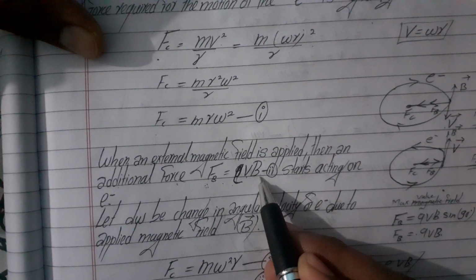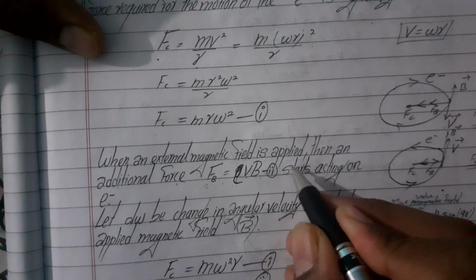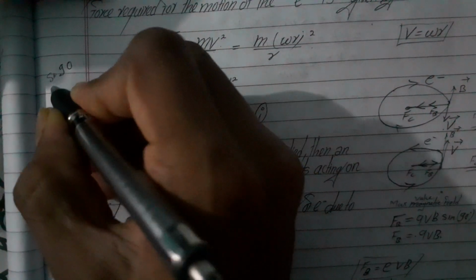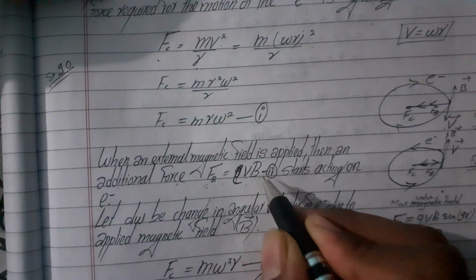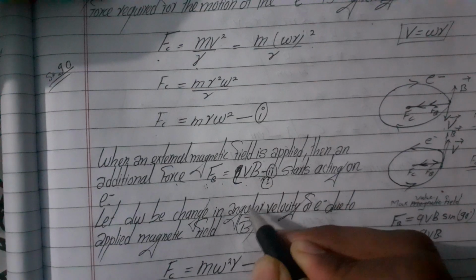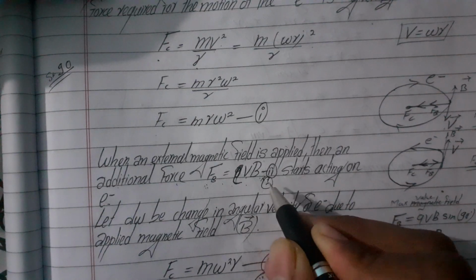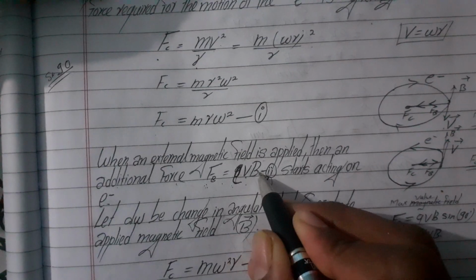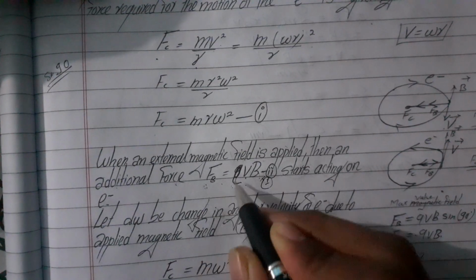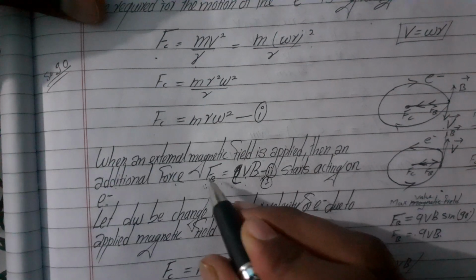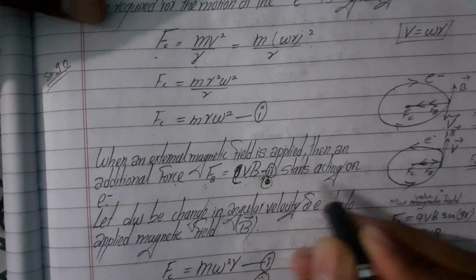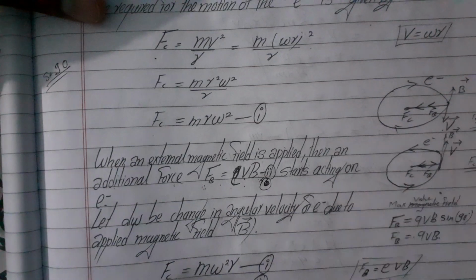But here theta is 90 degrees, so we replace sin 90 with 1, and we get Fb is equal to evB only, because the angle is 90 degrees.